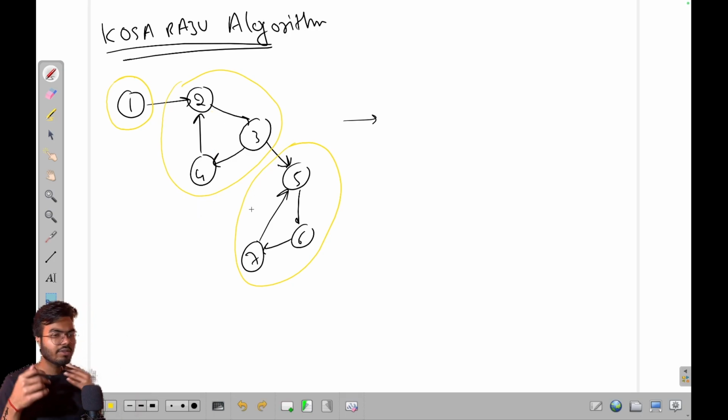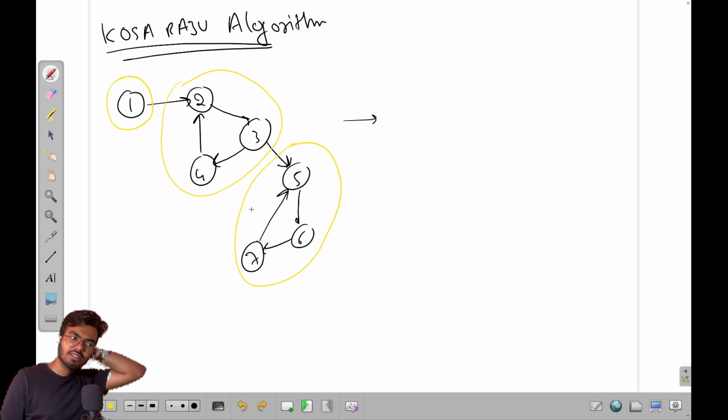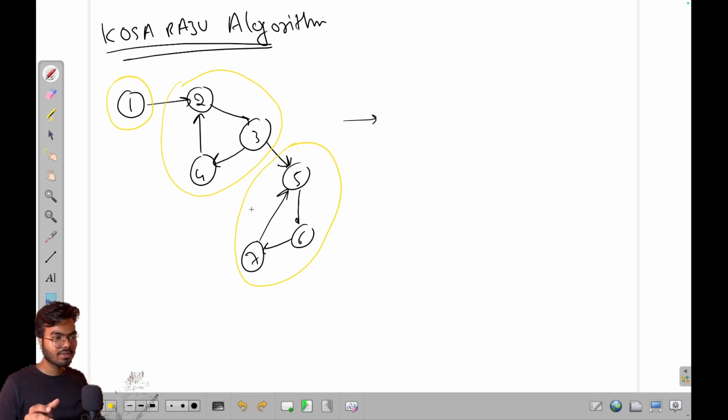So how can we actually go about finding this? There are two ideas to find the strongly connected components using the Kosaraju algorithm. I will give you the two ideas.